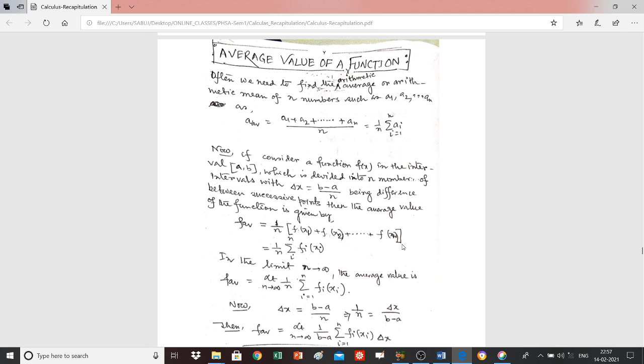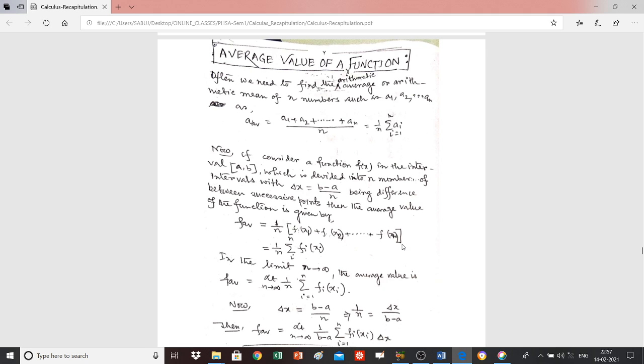You know that in arithmetic, very often you need to calculate the average value or the mean value of a given series of numbers.